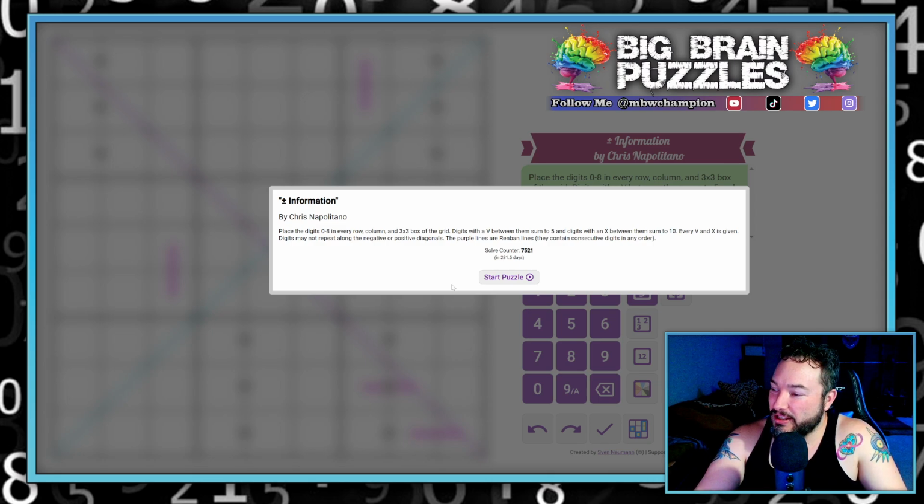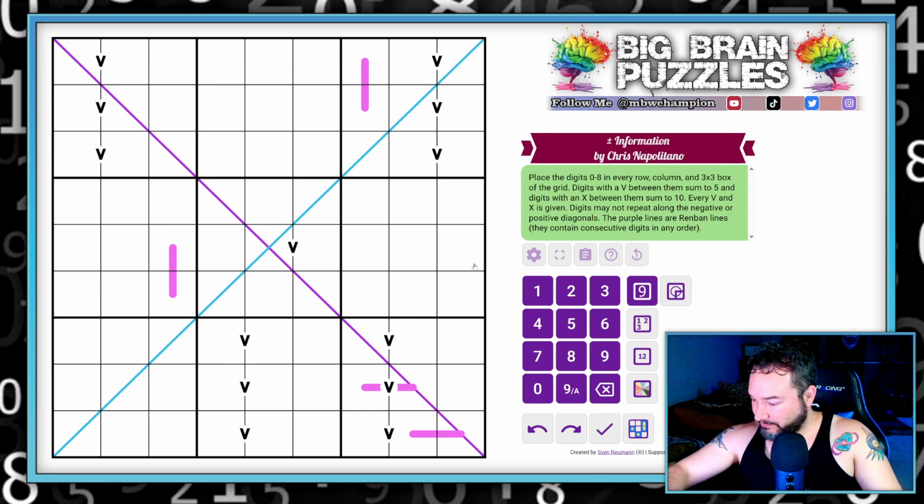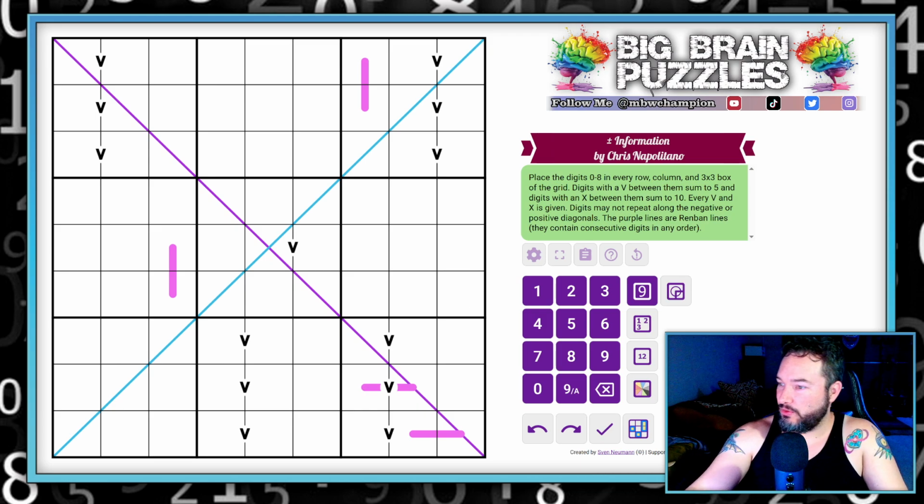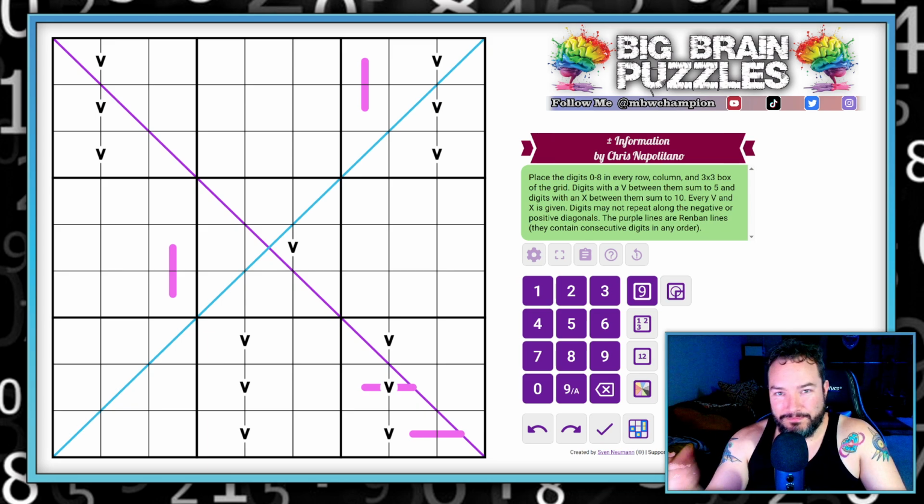Anyways, let's go ahead and look at the puzzle first. So let's go through the rule set. This one looked pretty cool, and the first rule surprised me, which is the reason I chose it.